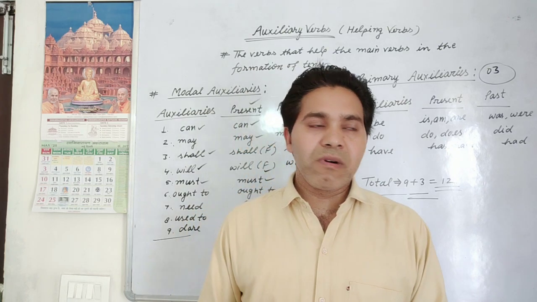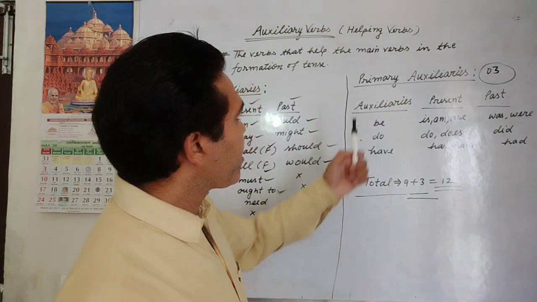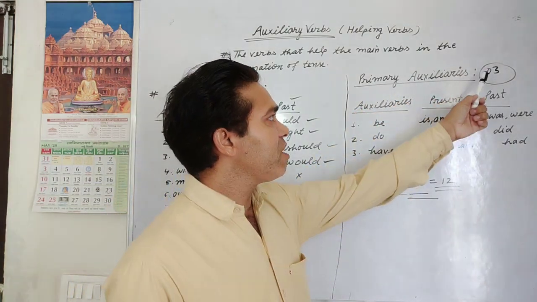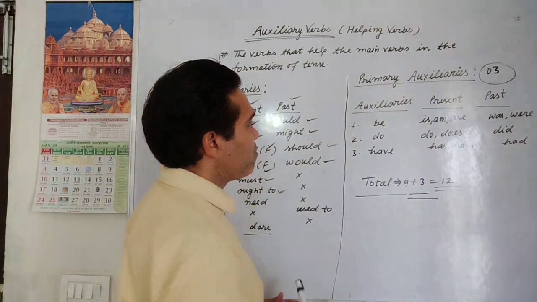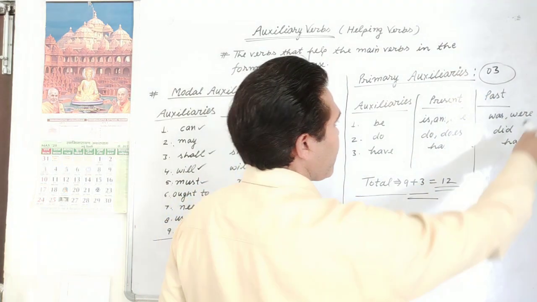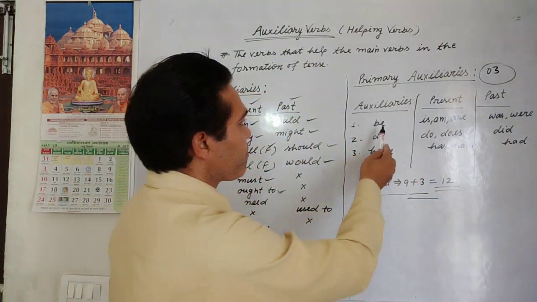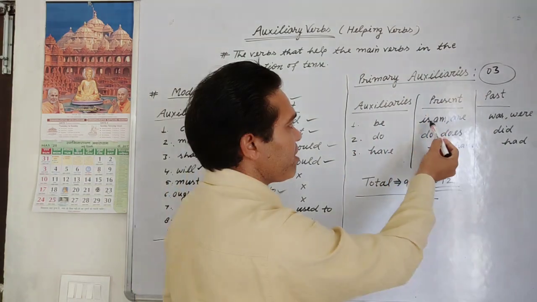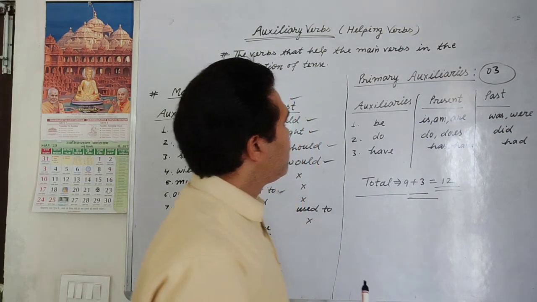Okay, so I have made one table for you. Here you can see first primary auxiliaries. They are three. I have made three columns: first auxiliary, second present, then past. So auxiliary is be. Present form is am, is, are, and past form was, were.